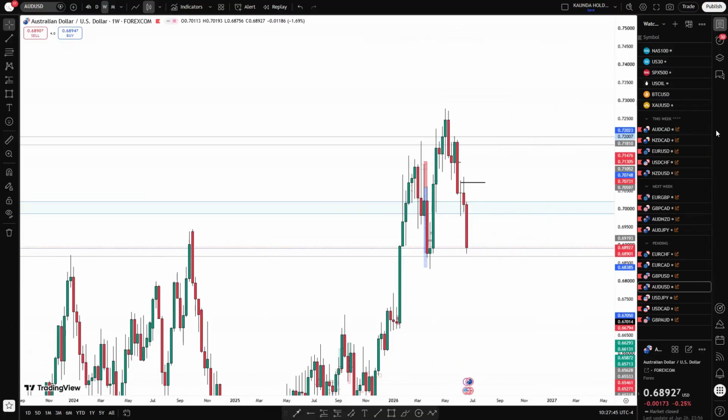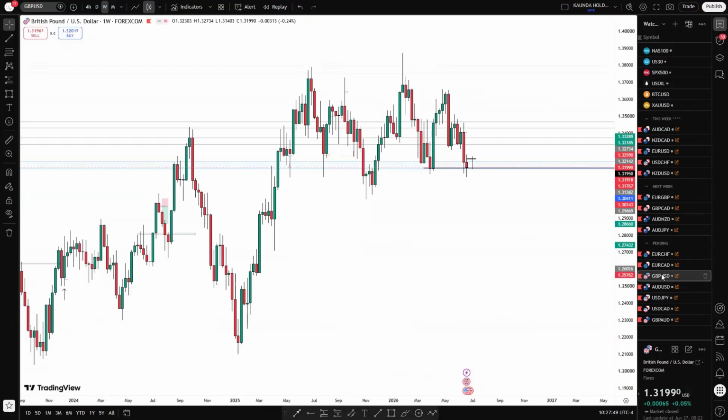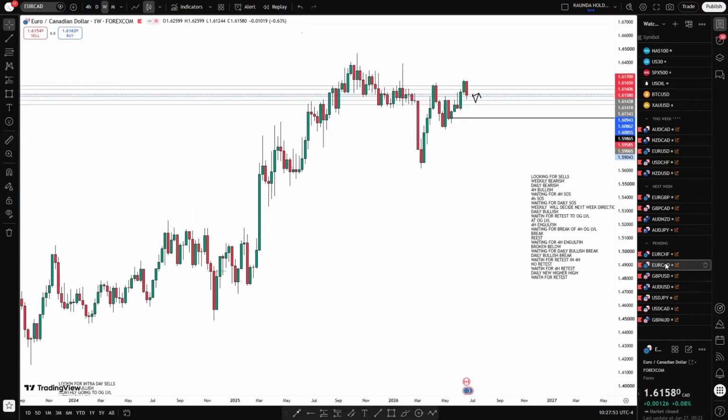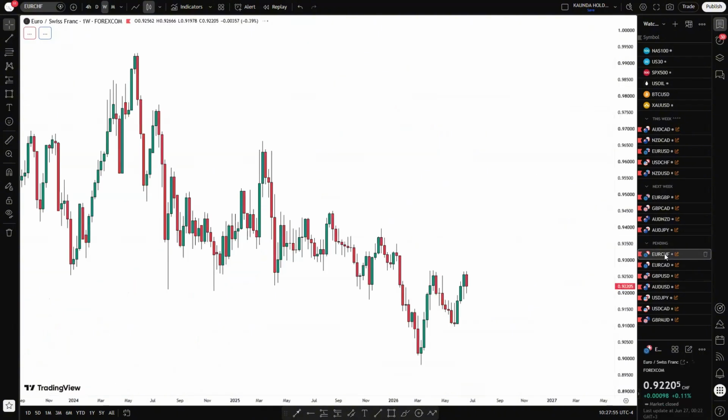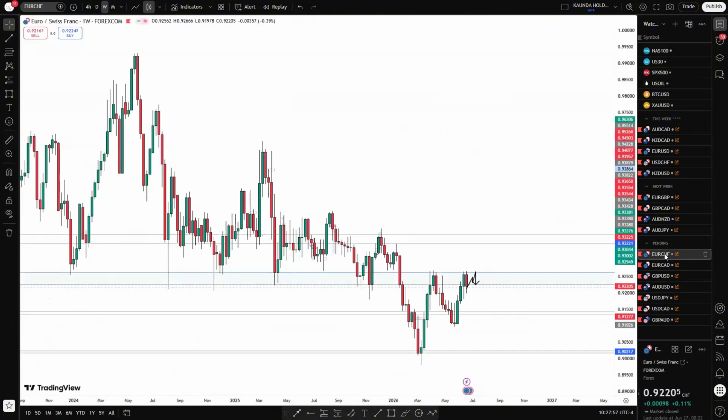So with that being said, GBPUSD on pending, EURCAD remains on pending, EURCHF, this one can be on next week. So let's see these other three. The other two, we'll see how time will allow us.